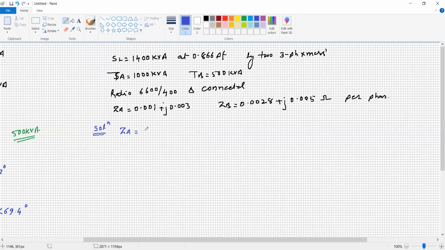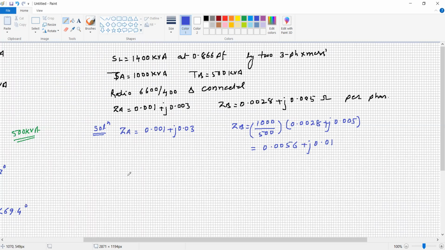So ZA is equal to 0.001 plus j0.003 as it is, whereas for ZB, it is a 500 kVA transformer, so 1000 divided by 500 into 0.0028 plus j0.005, which is equal to 0.0056 plus j0.01 ohms.